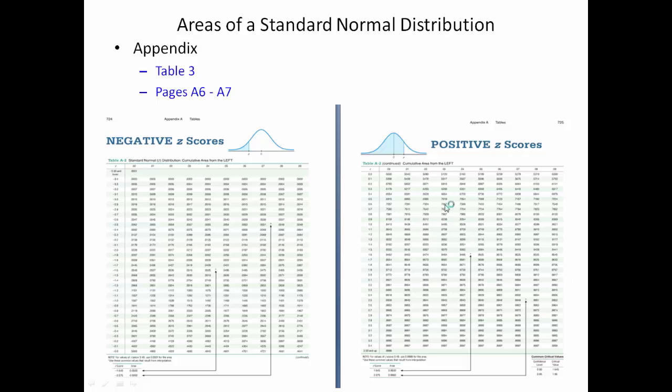So if we're given a z value, and remember that z represents the standard deviations away from the mean in a normal distribution, then I can tell you the shaded area to the left of that z value, be it positive or negative.